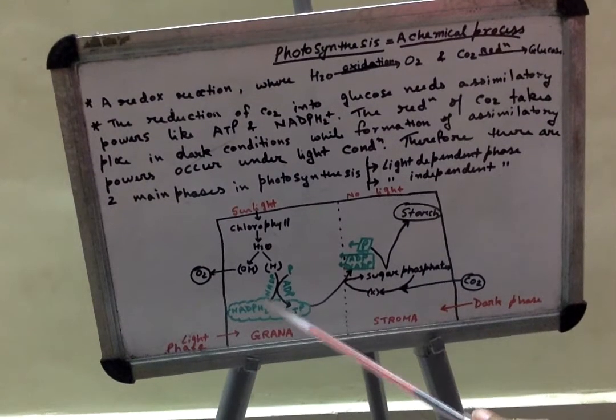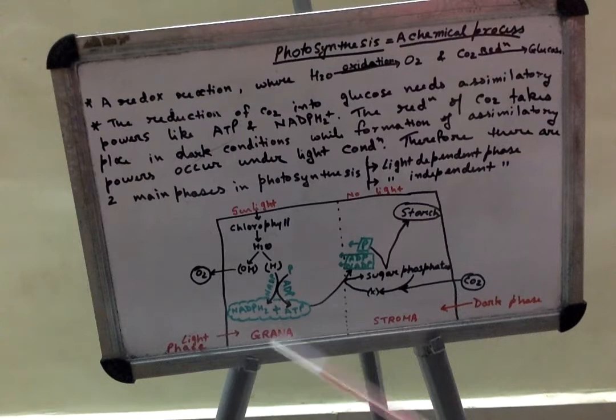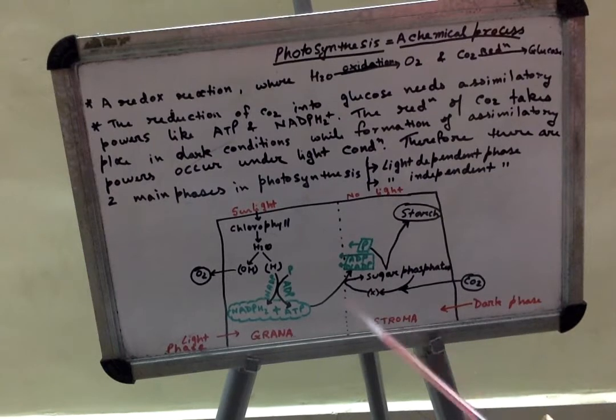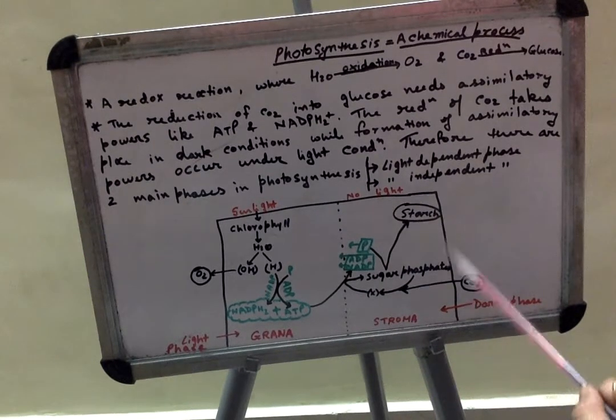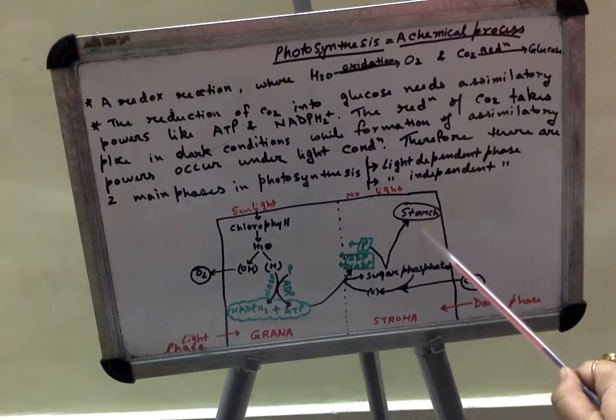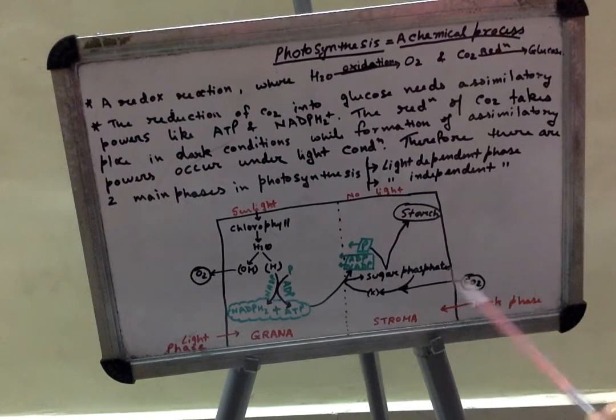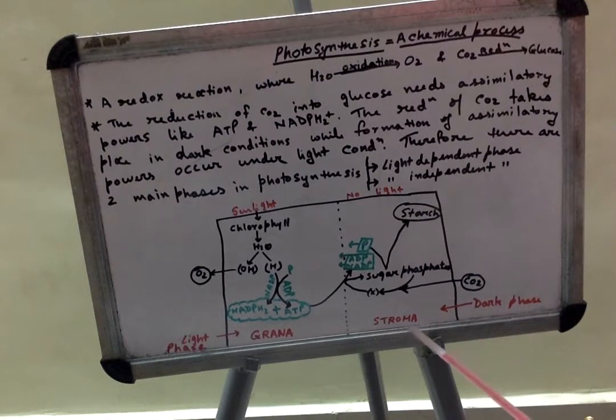These two assimilatory powers will now migrate into the stroma region, where they will undergo a cyclic process to ultimately produce starch or glucose, with the addition of carbon dioxide coming from the atmosphere and entering the stroma through stomata.